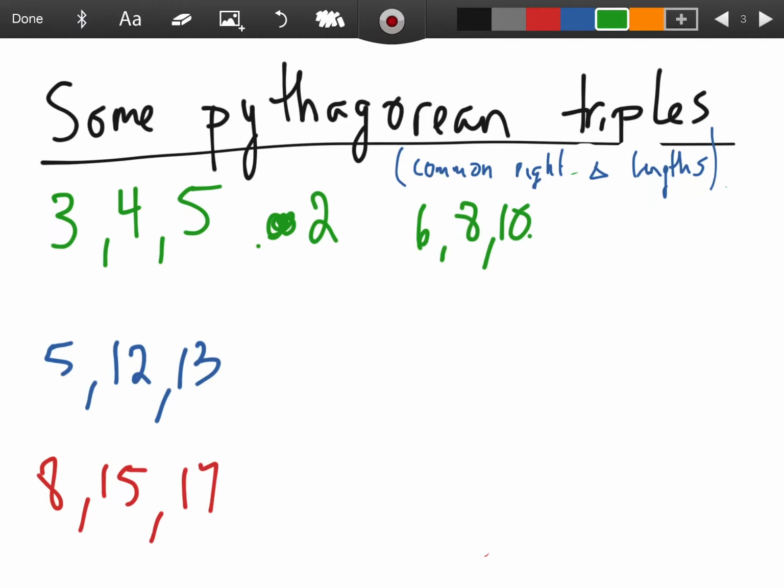That's also going to be a right triangle. If we multiplied them all by 3, and we had 9, 12, 15, that's also a right triangle. 9 squared plus 12 squared equals 15 squared. Okay, so if you see those, remember, let's not waste time doing the Pythagorean theorem. If you got legs 6 and 8, boom, mark down that hypotenuse as being 10.